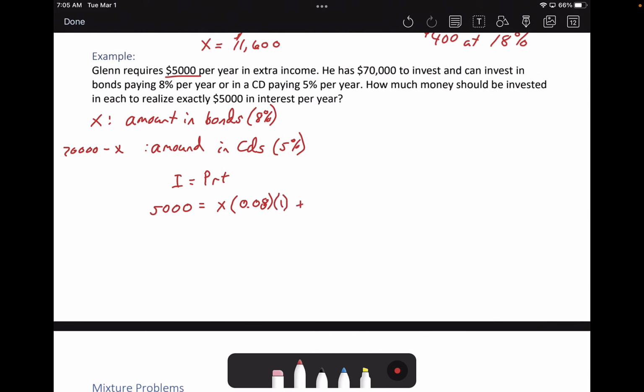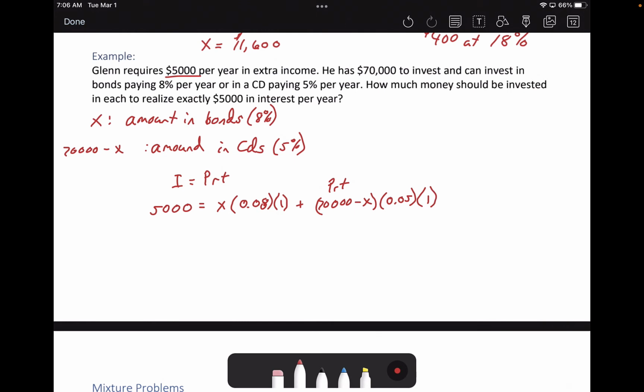And then we're going to add that to another PRT. The principal for the other option is 70,000 minus X, multiplied by its rate, which is 5%, times its year, which again is 1.